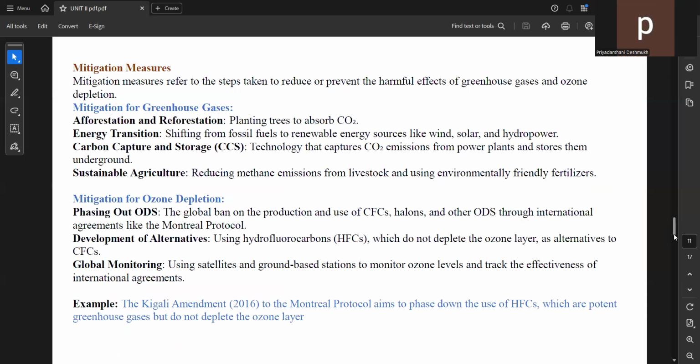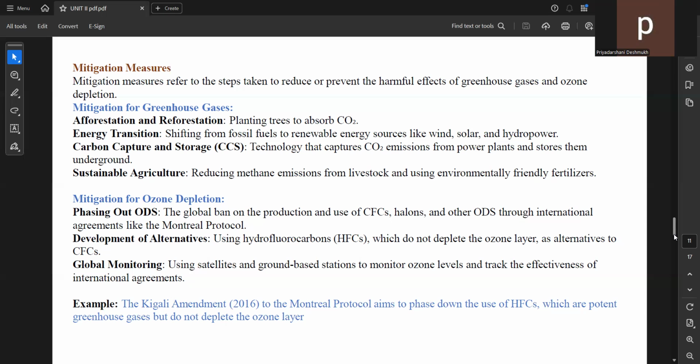Now, the next thing that we are going to study is the mitigation measures. What are the mitigation measures? Actually, it refers to the steps taken to reduce or prevent the harmful effects of greenhouse gases and the ozone depletion. Now, the next is the mitigation for the greenhouse effect. That means to reduce or prevent the greenhouse gases.